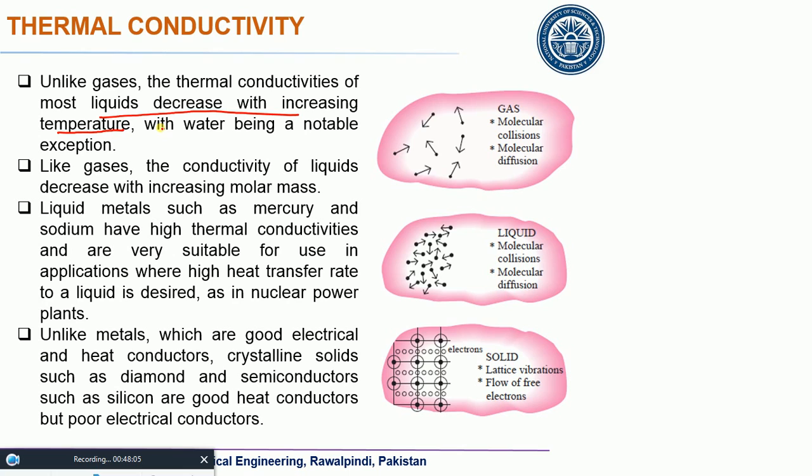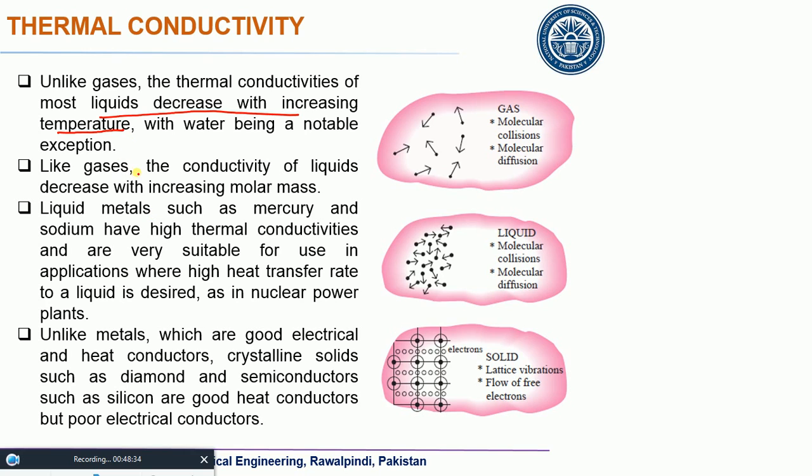Why is it so? Quite natural. If you increase the temperature, obviously the liquid would try to expand, right? If it tries to expand, it means the molecules would move towards a greater displacement from their surroundings. So their thermal conductivity would be less if you increase the temperature. Question?